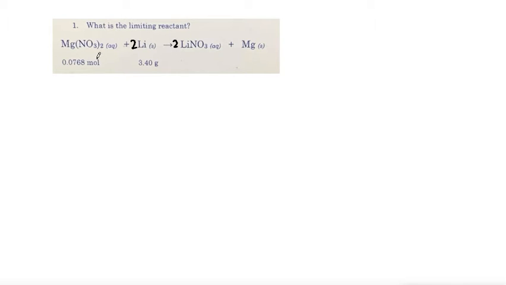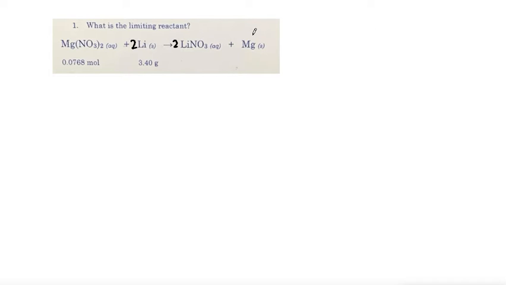From here, it looks like this is the number of moles that's given for this reactant and the 3.40 grams is given for the lithium. So assuming that's the case, the way that I like to do a limiting reactant problem, I like to pick one of the products and convert to that amount of product to compare and see which one of my reactants produces less product, and that would be the limiting reactant.